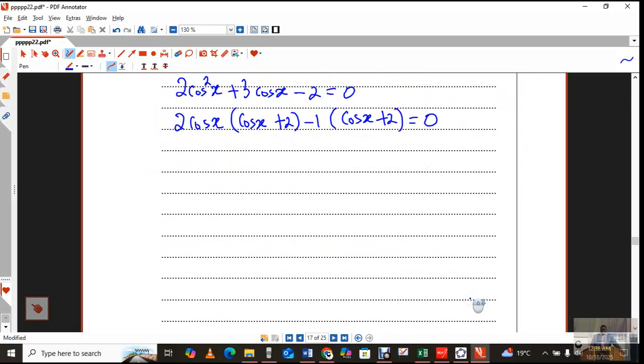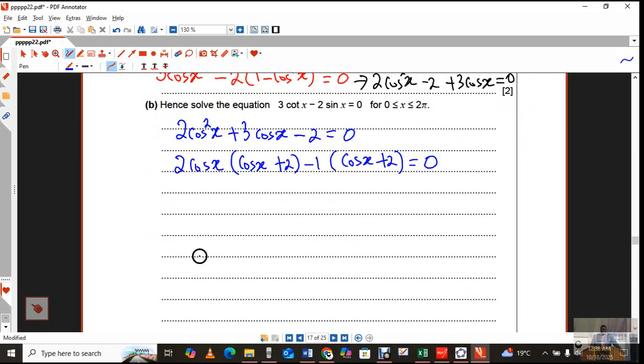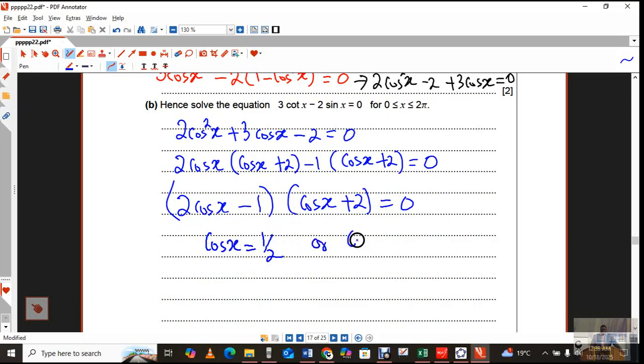All right, so I have 2 cos x minus 1 or cos x plus 2 equals 0. Here, cos x is equal to 1 over 2, or cos x is equal to negative 2, which we're not going to use because the cosine function oscillates between 1 and negative 1, so this will not exist.